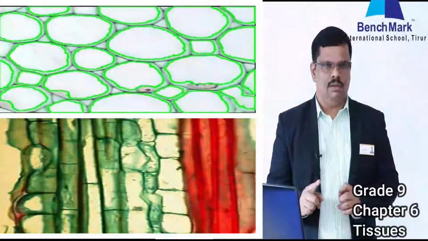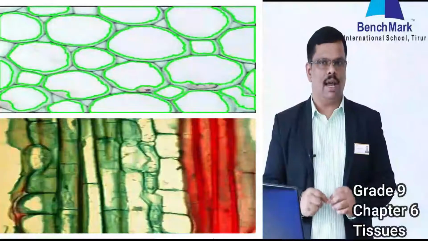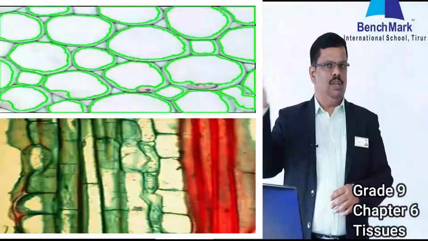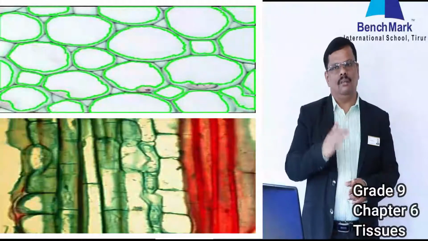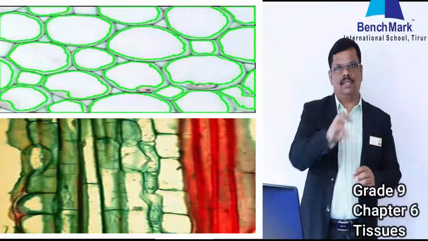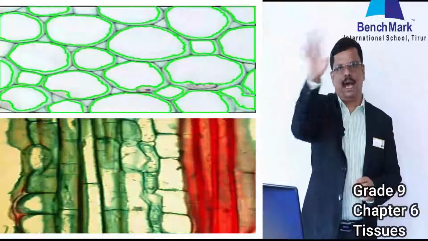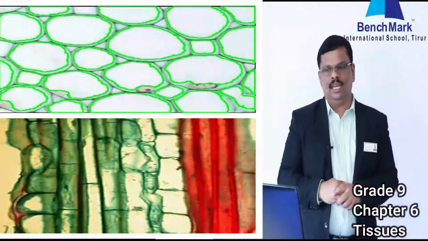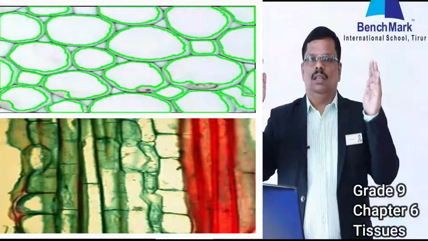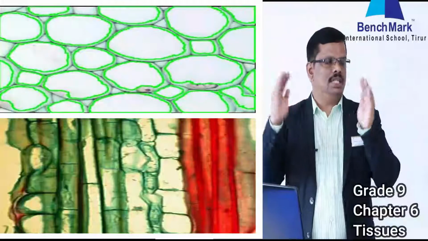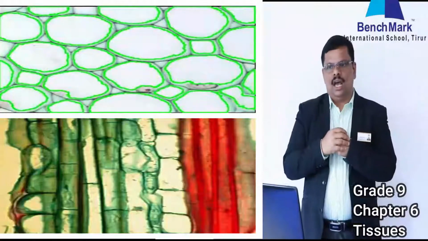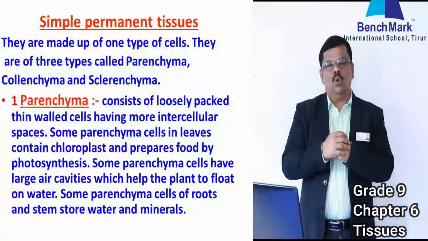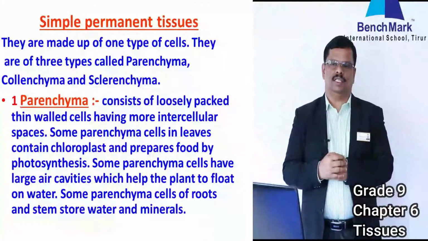My dear children, look to the textual diagrams when you read the textbook and when you listen to this video. Try to recollect. Parenchyma are loosely packed, and moreover it has thin walled cells. These thin walled cells have more intercellular spaces.